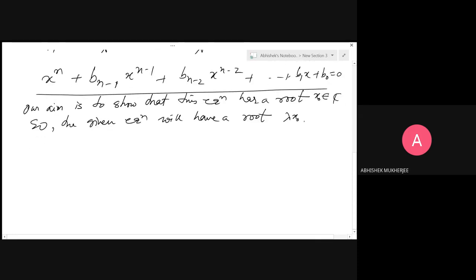So keeping these in mind, without loss of generality, let us consider the polynomial equation satisfying the condition.